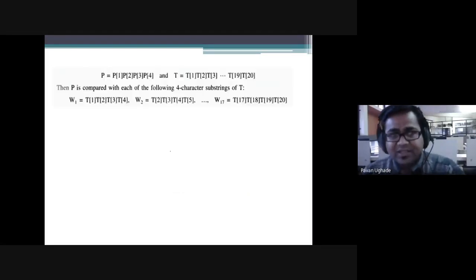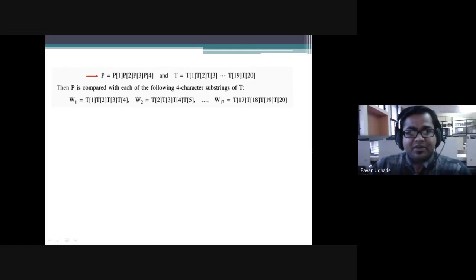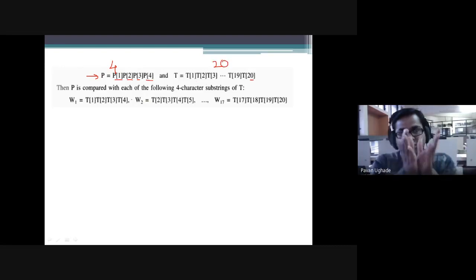Let us assume, guys, you have a pattern P which has 4 characters: P of 1, P of 2, P of 3, P of 4. So length of P is 4. You have a text T which has 20 characters, so length of T is 20. Now if I wanted to make substrings, and every substring should be of length 4, can you tell me how many substrings are possible?